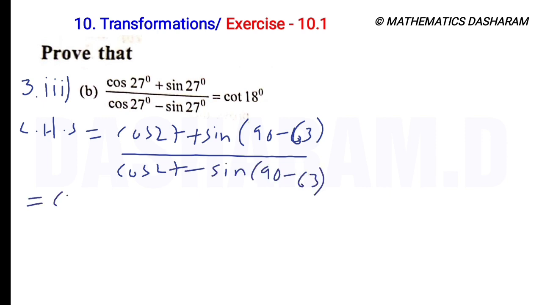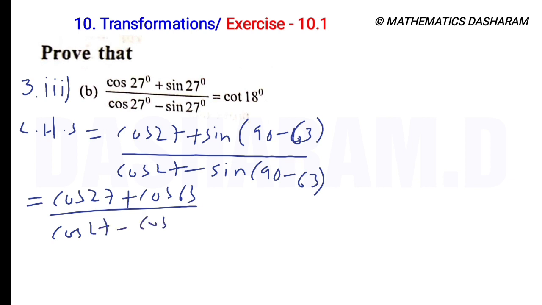So it is equal to cos 27 plus, the sin 90 minus theta formula is cos theta, so cos 63, and cos 27 minus sin 90 minus 63, it is also cos 63 degrees.